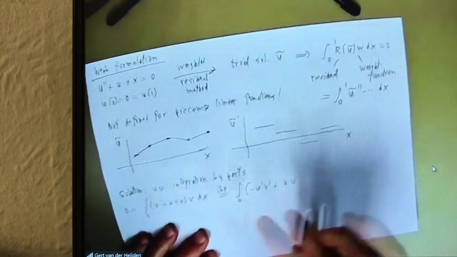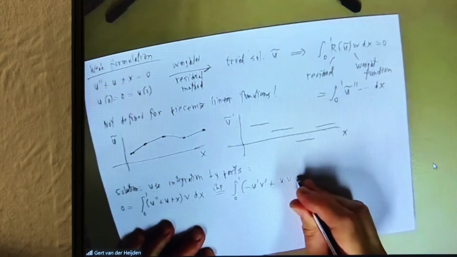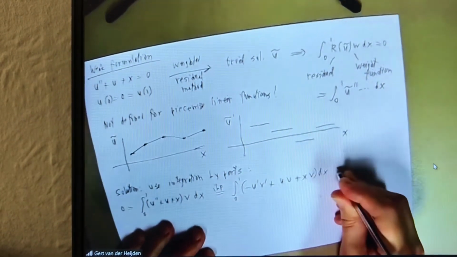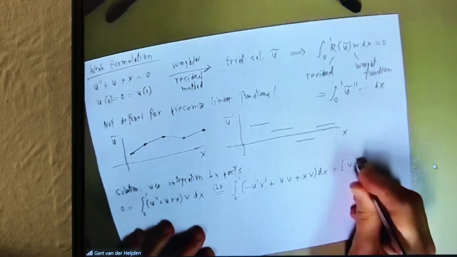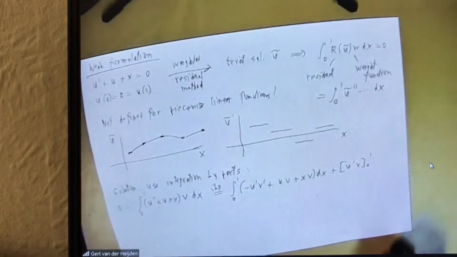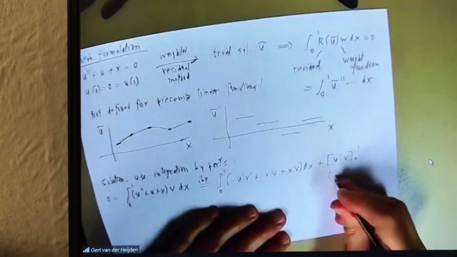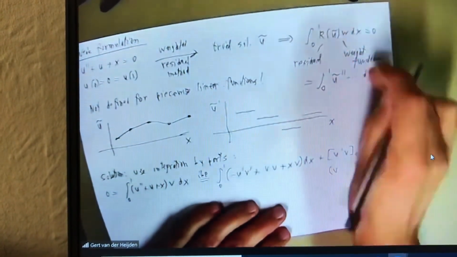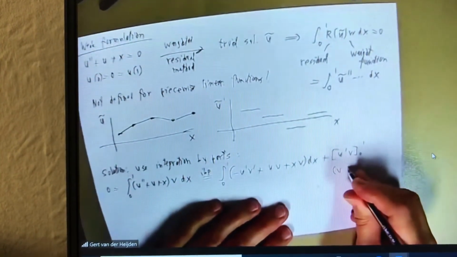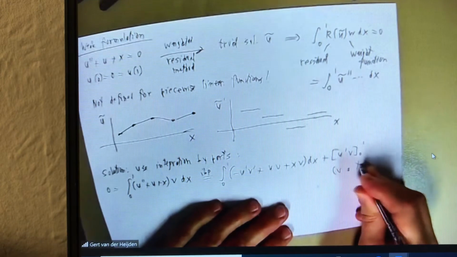We cannot do anything with the other terms because they don't involve derivatives. Plus x v dx plus u prime v from 0 to 1. Okay? This v here is an arbitrary test function. It plays the same role as the weight function here, but it's called a test function in this context.